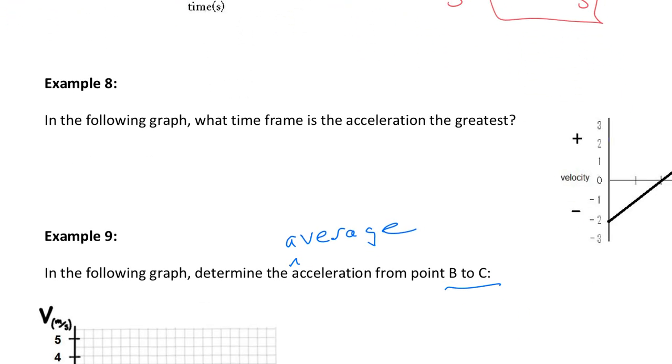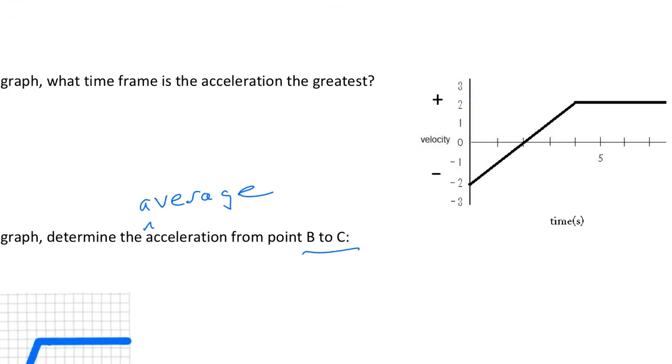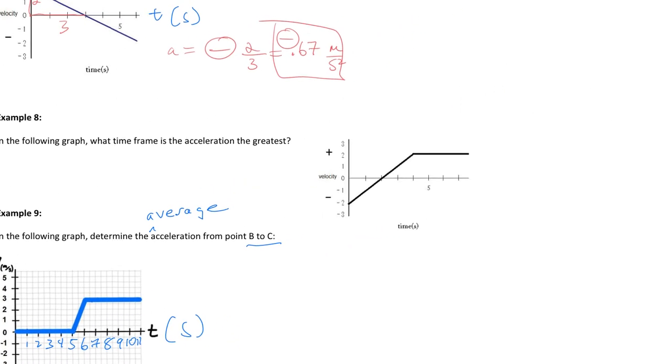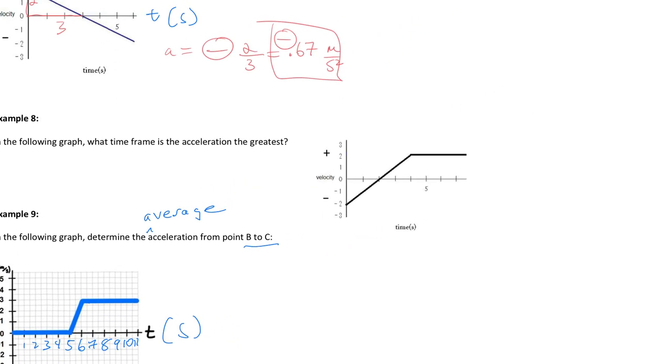Which time frame is the acceleration the greatest? Okay, so, well, it's a V versus T graph, so you get the same acceleration on both sides. The line is uphill and straight, so throughout that whole first part, the 4 seconds, we can figure out what the acceleration is, but we don't have to.